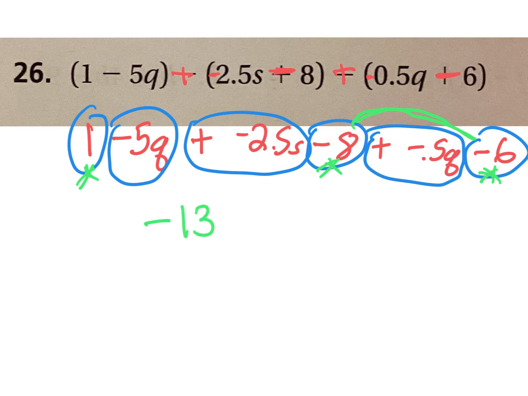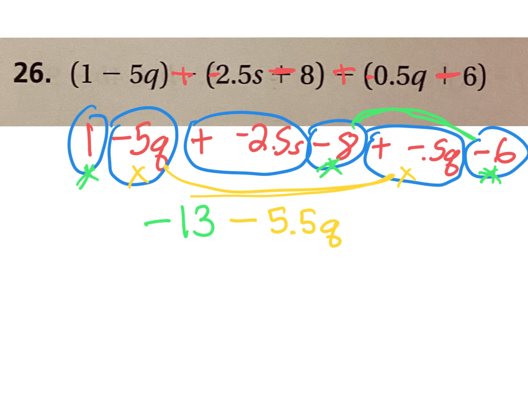Okay, now I have this negative 5q and a negative 0.5q. The s is something different, so we can't put those together. So a negative 5q plus a negative 0.5q is a negative 5.5q. Then we have, so those two went together.